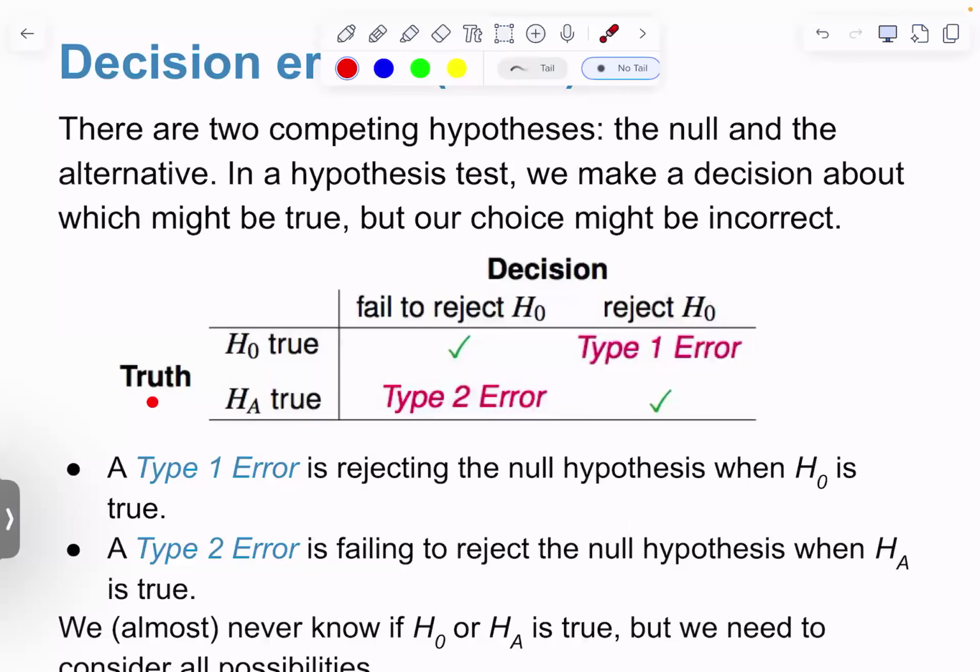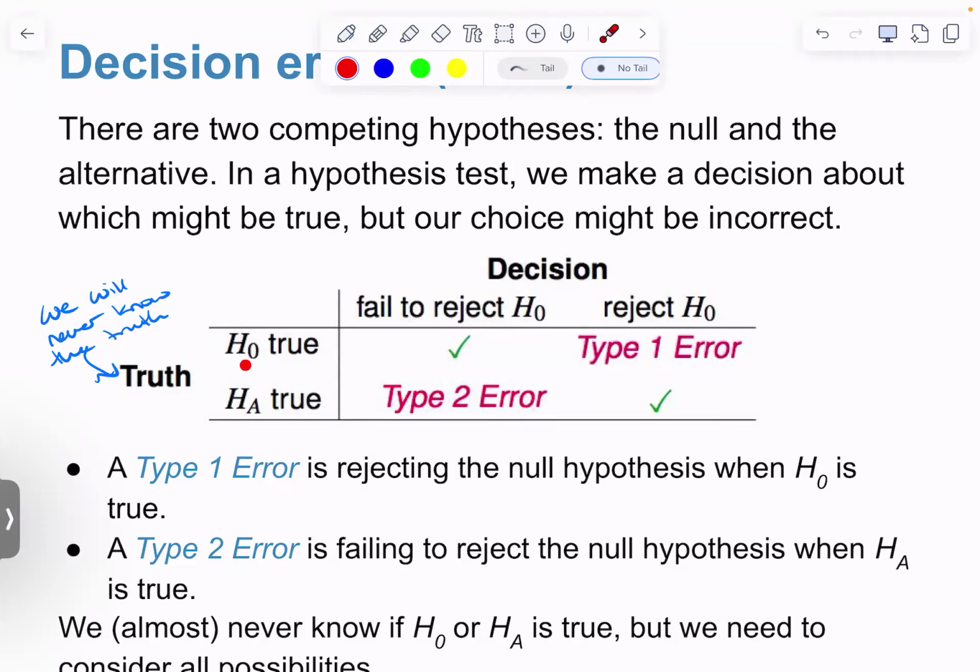Now, there's some truth, and we will never know the truth, right? That's a tricky part, but that's why we're doing statistics in the first place. If we could know what the truth is, then we don't need statistics.